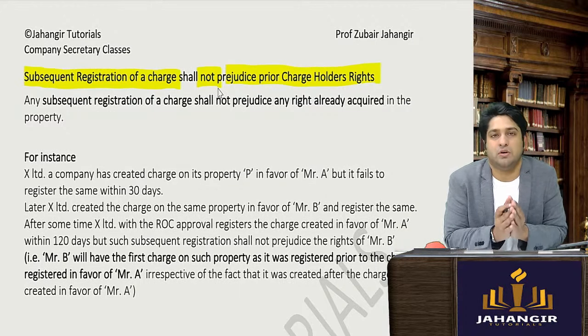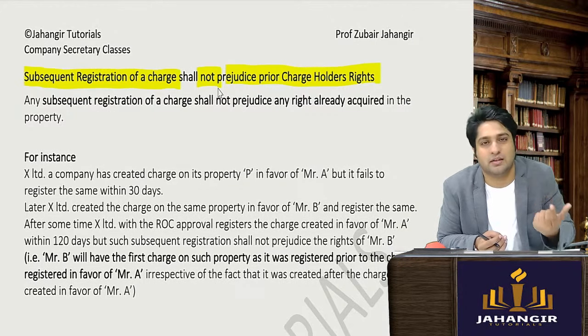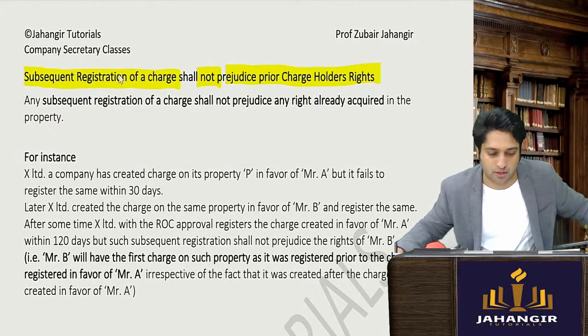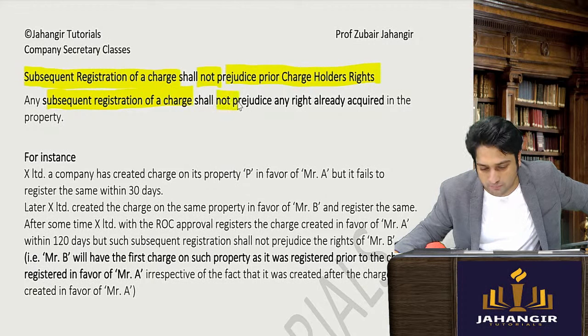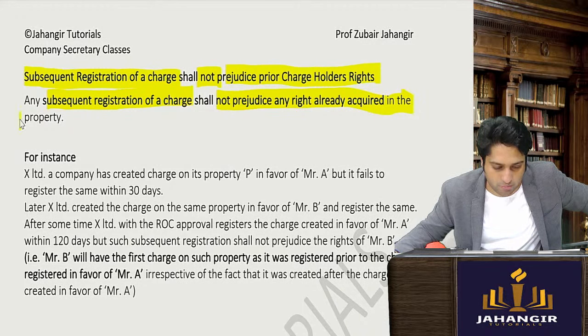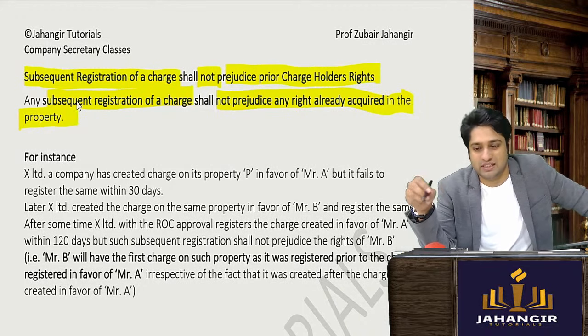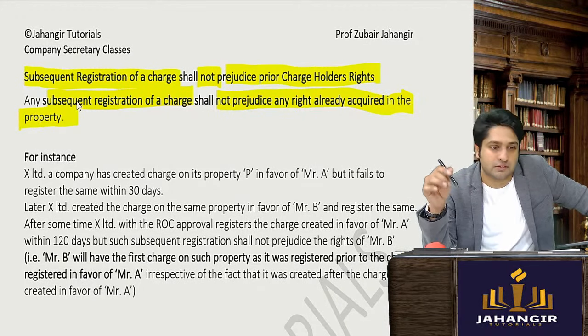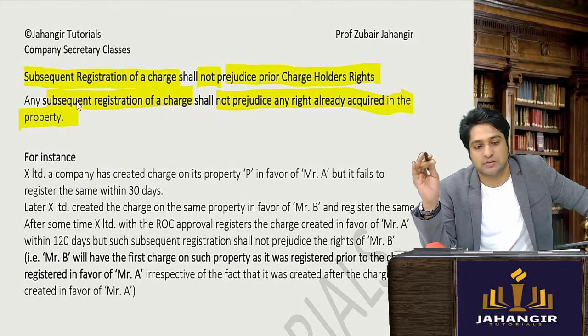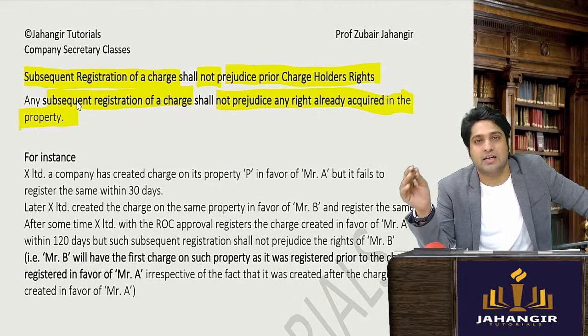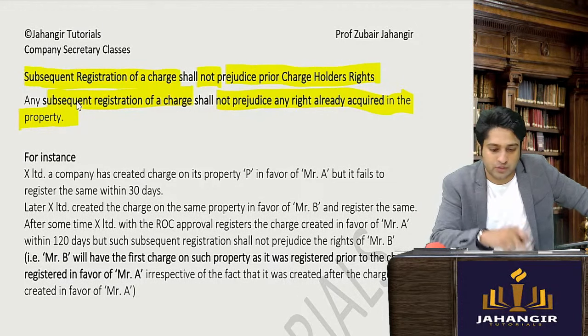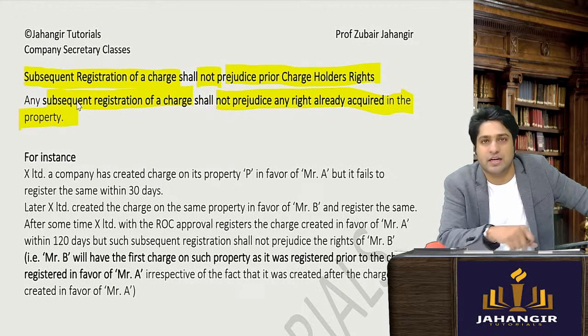Obviously all these terms are very technical, but let's make it simple: any subsequent registration of charge shall not prejudice any right already acquired in the property. Can you all message in the chat box what you feel this sentence means? It's an important line, very interesting, and practically also very important. You can start drafting what you think it means. I will read your comments.